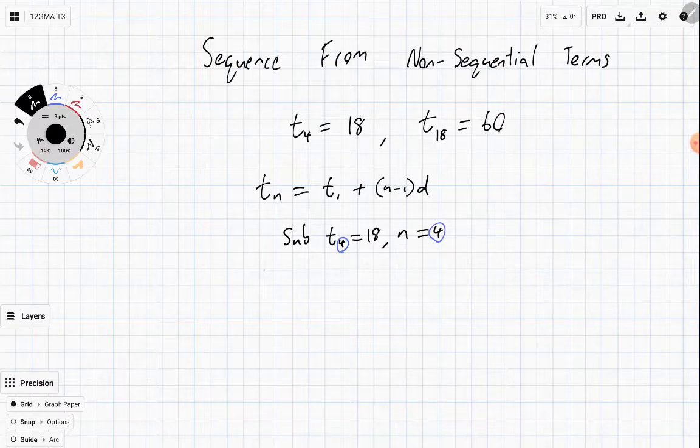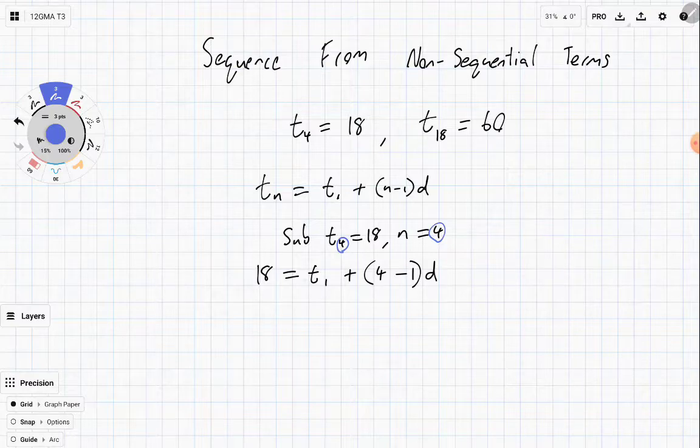So where Tn is, we're going to replace that with 18, T1 plus, and instead of n, we're going to get 4. So I've substituted 4 in here, and I've substituted Tn here, where they actually go in the formula.